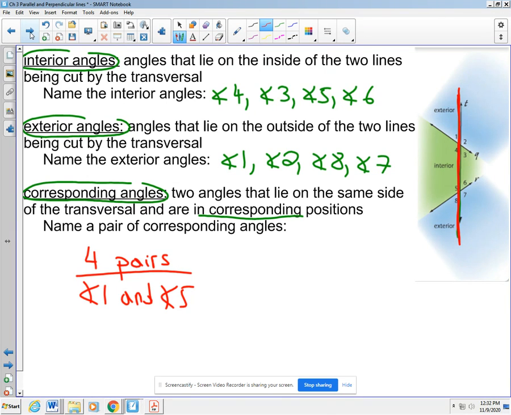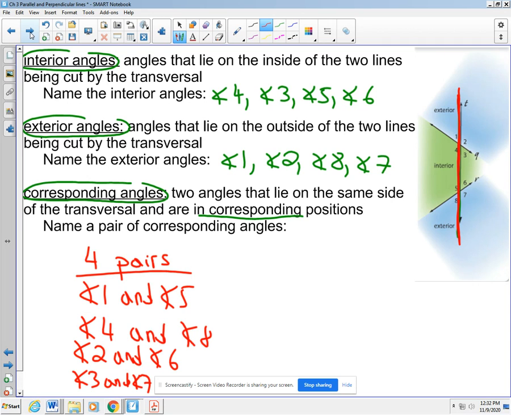The second pair would be angle 4 and angle 8. The next pair would be angle 2 and angle 6. Okay, and the last pair, let me just see if I didn't miss anything, would be 3 and 7. So angle 3 and angle 7.